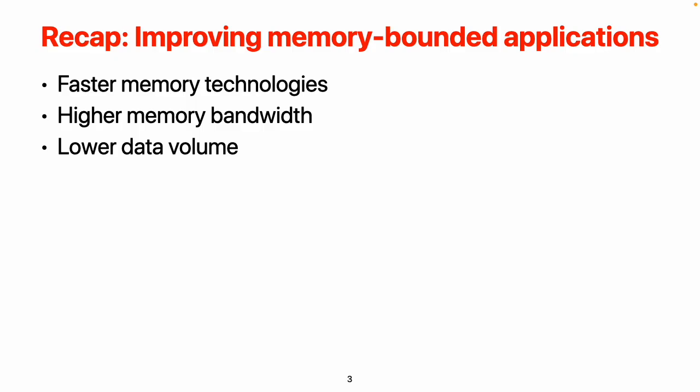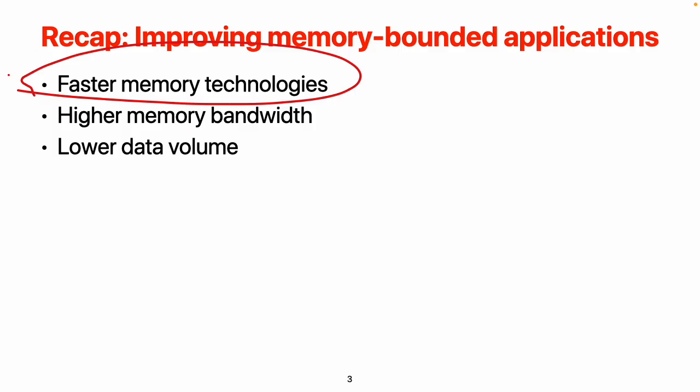Sometimes faster memory technologies are probably not ready yet. And even if they are ready, we still cannot find anything that could surpass the latency that DRAM or SRAM provided.